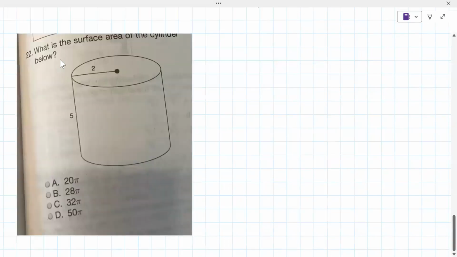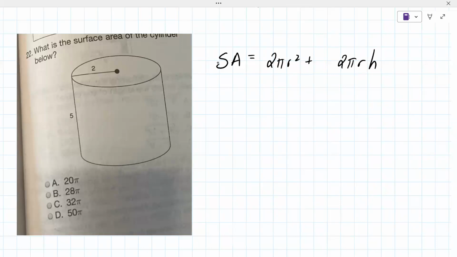All right, so what is the surface area of the cylinder below? So you have to know the formula for surface area. The surface area is 2 pi r squared plus 2 pi r h, like that. All right, so can you tell me the value of r and h in this?